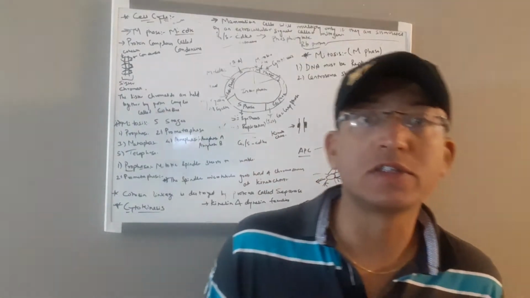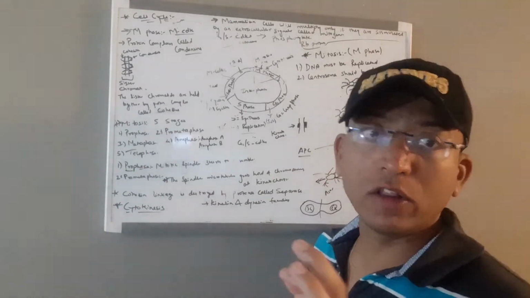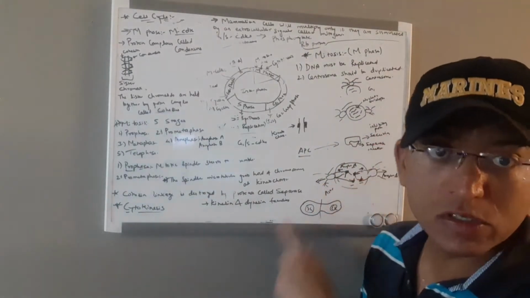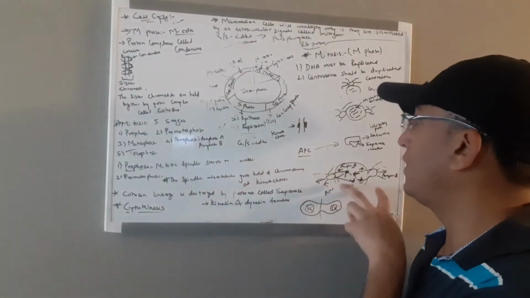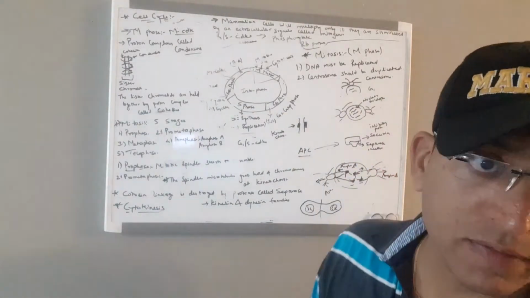Whereas mitosis depends entirely on the transient microtubule-based structure that we studied, the mitotic spindle. This is how it separates the cells.